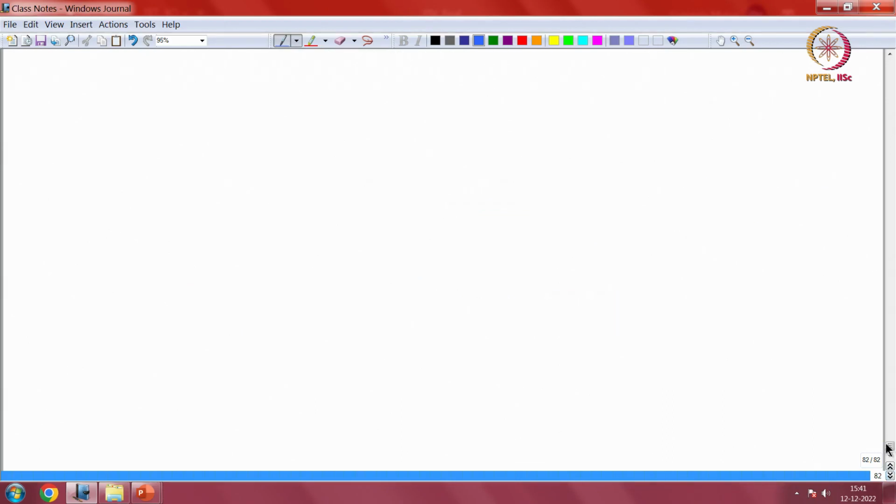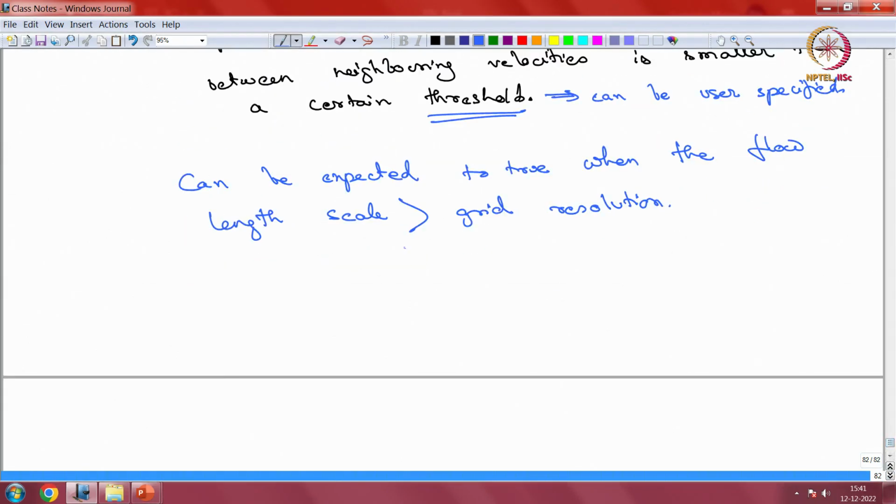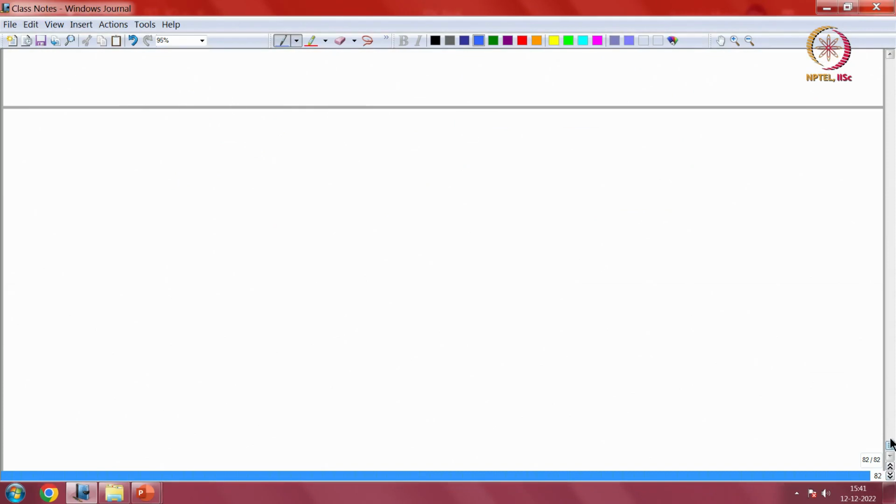To implement such a method, maybe I'll go to the next slide. As the name suggests, we will first plot something.